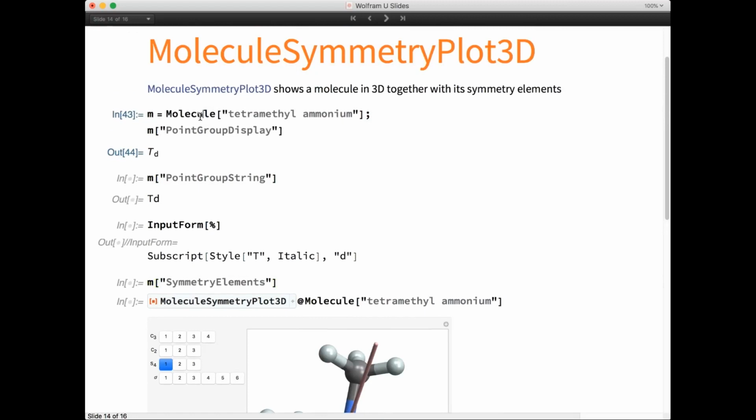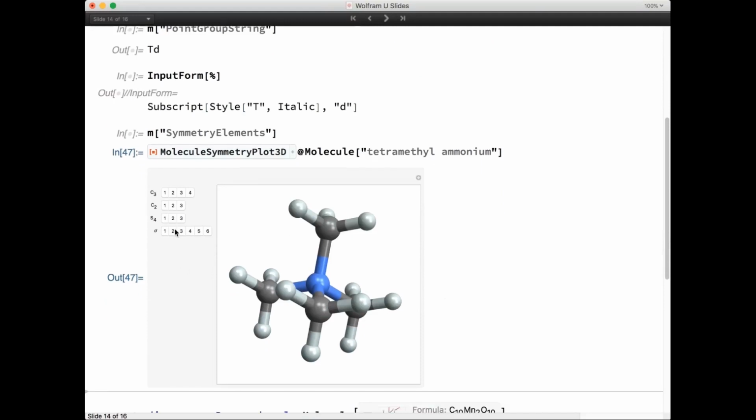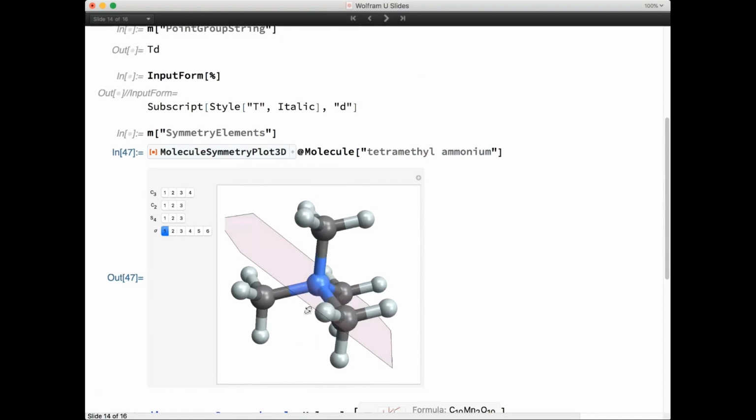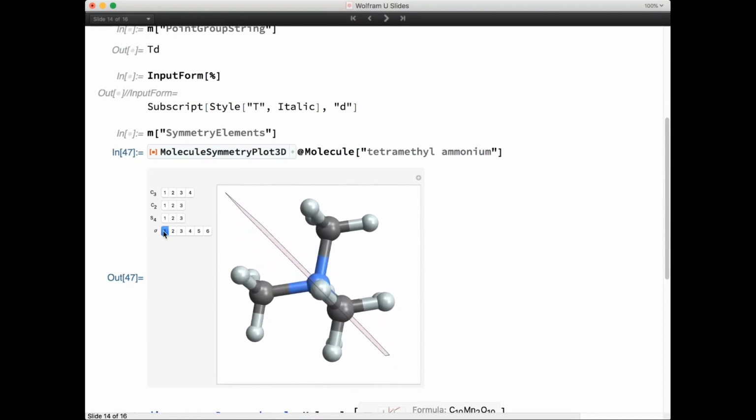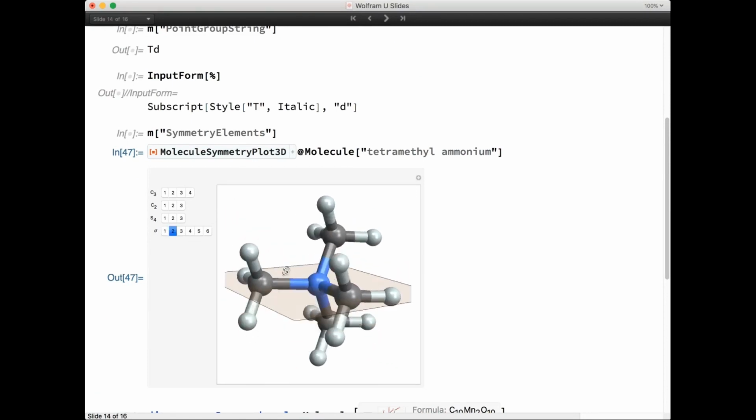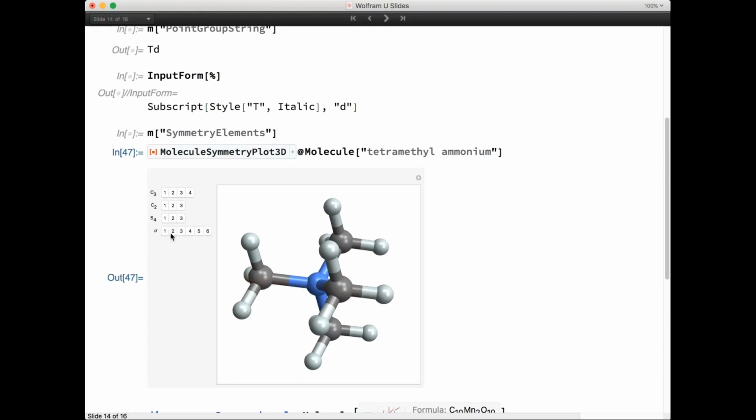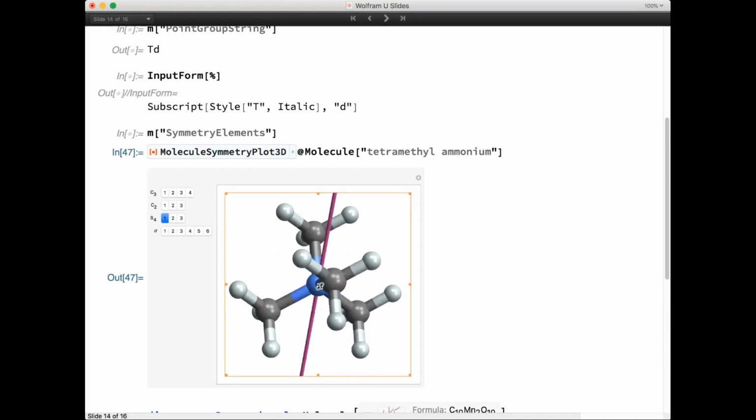Let's make sure that we've evaluated the M as that, and now we can do the symmetry plot. What it does is it finds all the planes of symmetry, and allows you to highlight them or turn them off. We can find the S4 axes.